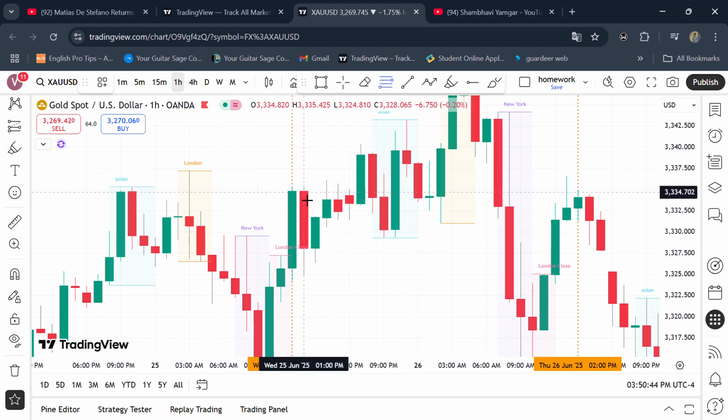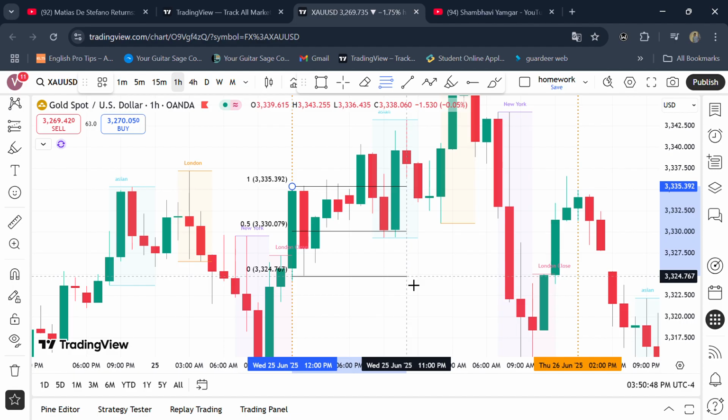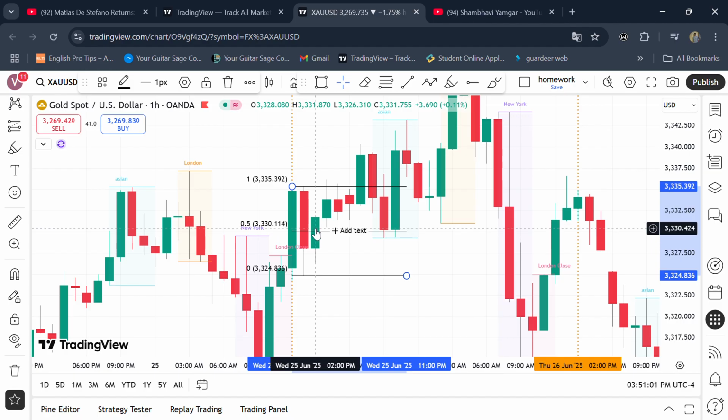What I did was I marked the equilibrium of this order block. Since in an uptrend it is a red candle, that means it's an order block for that leg, for that trend.